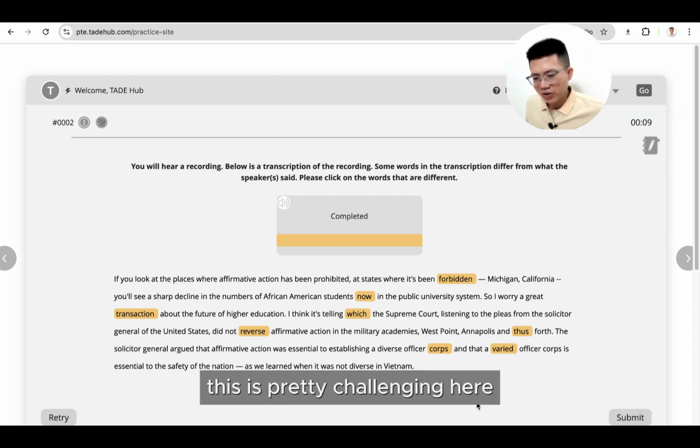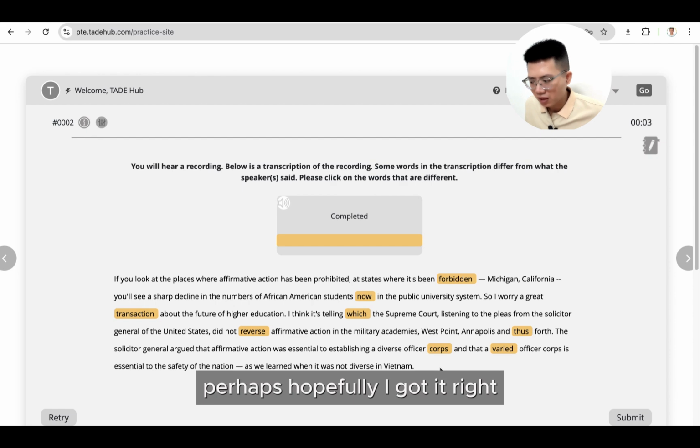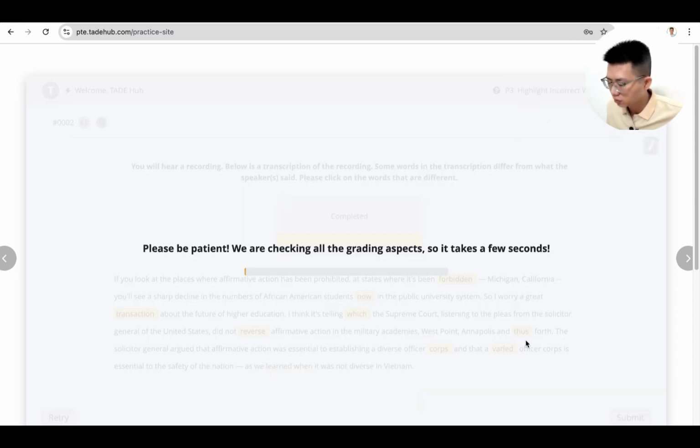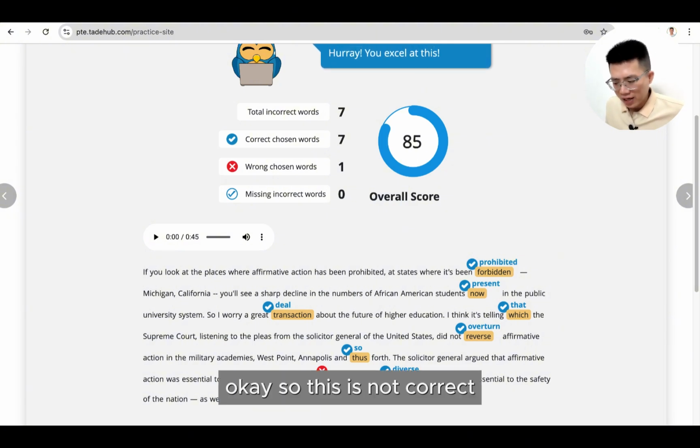Okay, it is pretty challenging here and I am not sure if this is a correct word or not. Perhaps, hopefully, I got it right. Okay, so this is not correct.